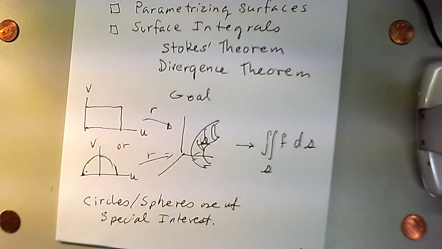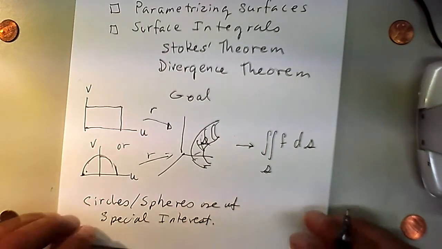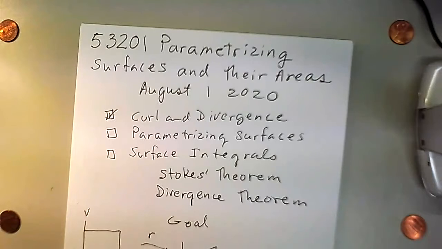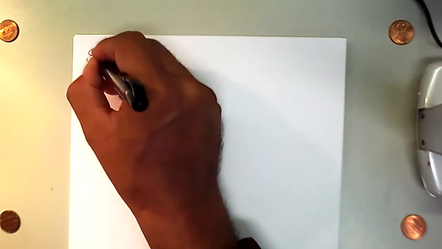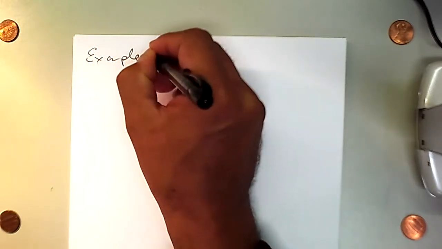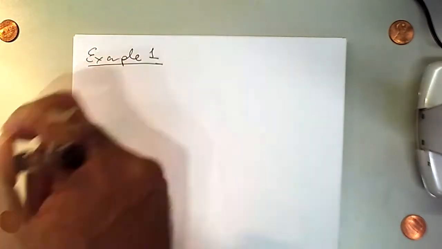First, I'm going to show how to rotate a point, and then we're going to go from there. So pretend you have a point. This is going to be example 1, but it will have many parts to it.